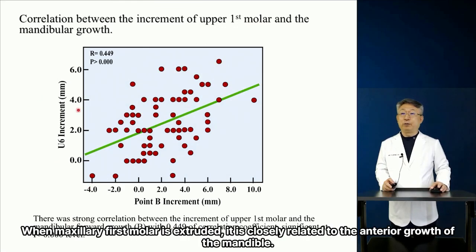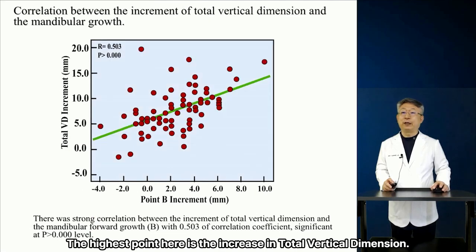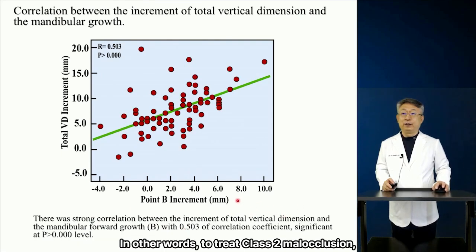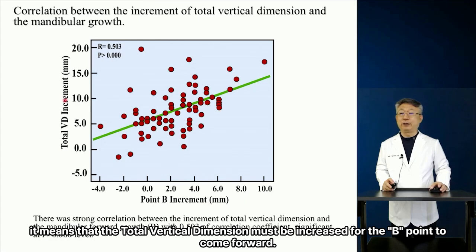When the maxillary first molar is extruded, it is closely related to the anterior growth of the mandible. The highest point here is the increase in total vertical dimension. In other words, to treat Class 2 malocclusion, it means that the total vertical dimension must be increased for the B point to come forward.